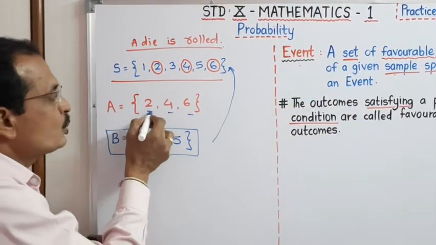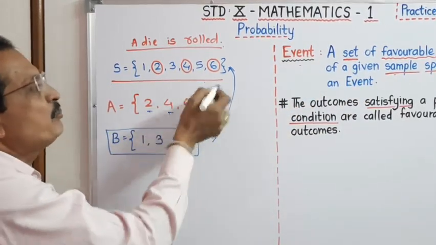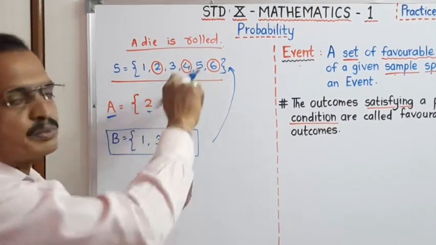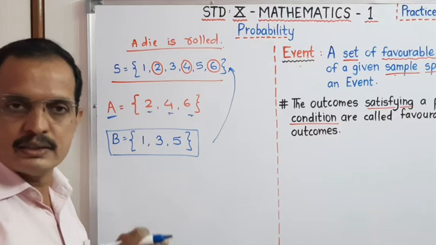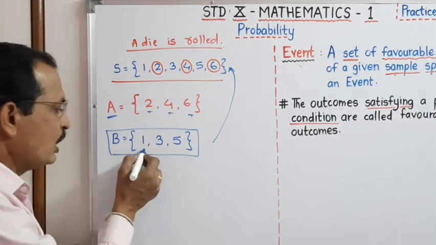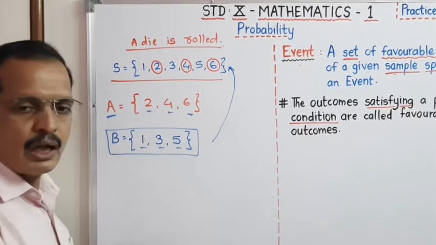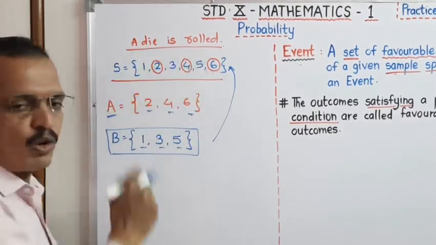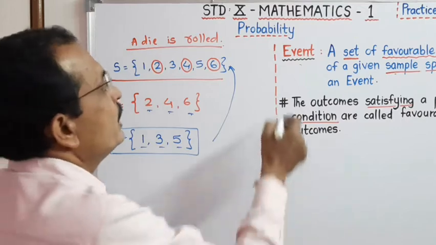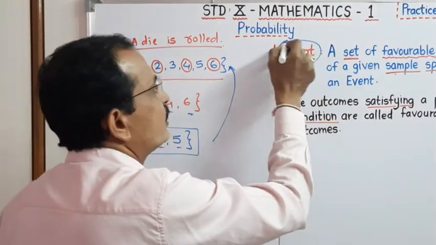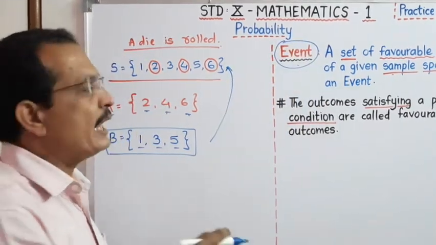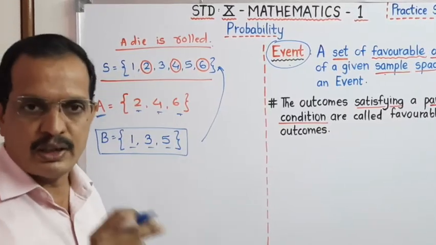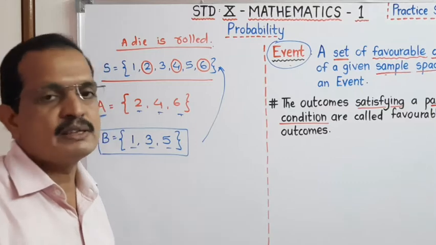In this set, 2, 4, 6 are elements of the set S. Therefore the set A is a subset of S. Similarly, all the elements of set B are present in the set S. Therefore B is also a subset of S. Therefore, dear student, the event of an experiment is a subset of the sample space. An event is a subset of a sample space.